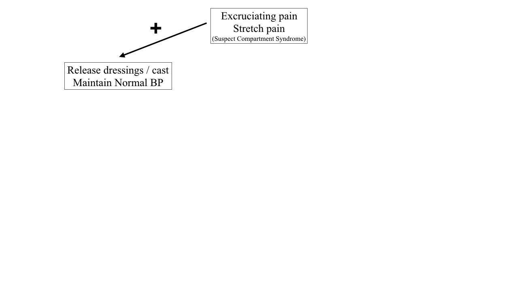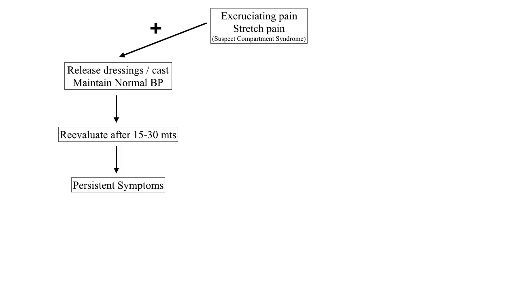Once the dressings and the compressive elements are removed, you have to re-evaluate the stretch pain and sensation after 15 to 30 minutes. If still the stretch pain and excruciating pain are present, then the patient needs an urgent fasciotomy. It is an emergency procedure.